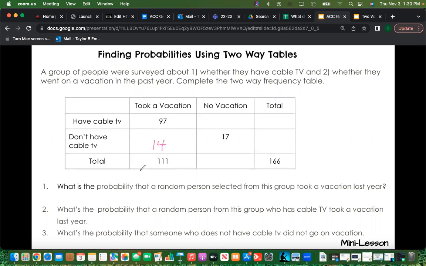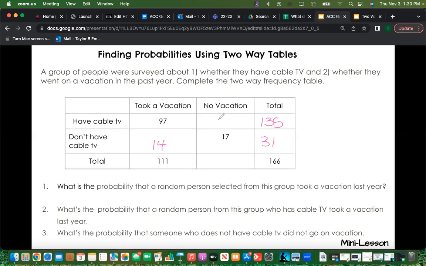14. Now from here to here, I would have 14 plus 17, which will give me... 166 minus 31 is going to give me... 135 minus 97 is what?